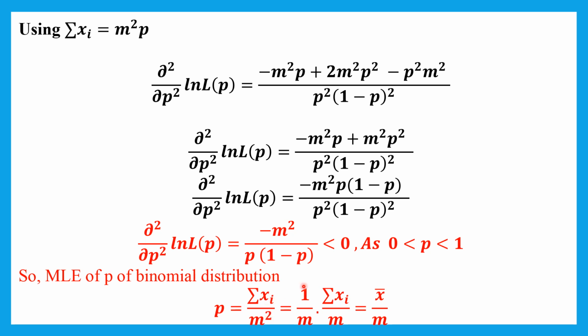We can write it as 1 over m summation xi over m, or this summation xi over m becomes x bar because we have a random sample of size m, not of size n. So we have x bar over n as the required maximum likelihood estimator for the parameter p of the binomial distribution.